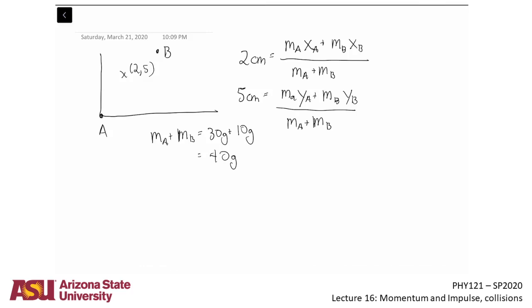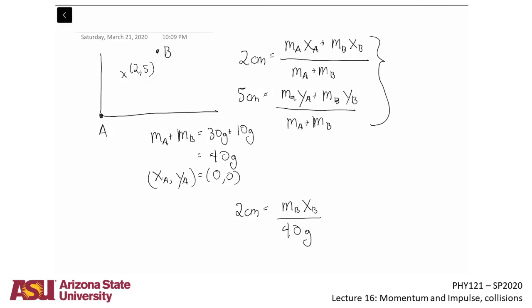And the other thing is that XA, YA equals 0, 0. Therefore, we can reduce these 2 equations to 2 centimeters equals MB XB over 40 grams, and 5 centimeters equals MB YB over 40 grams.